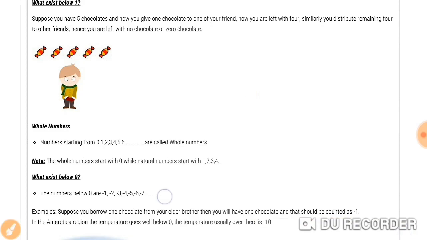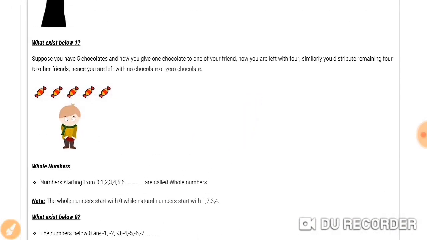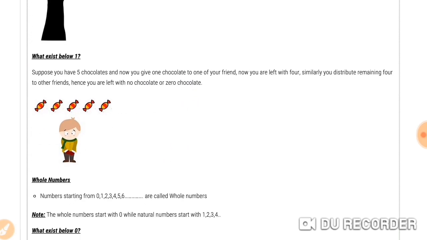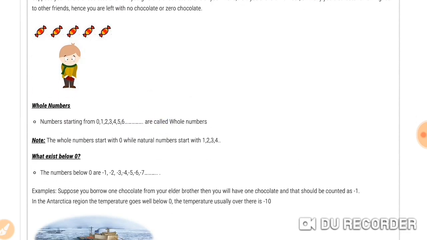Okay, dear friends. So these are the natural numbers: 1, 2, 3 and all counting numbers we can call natural numbers. If we add 0 to the natural numbers, then it is called a whole number.